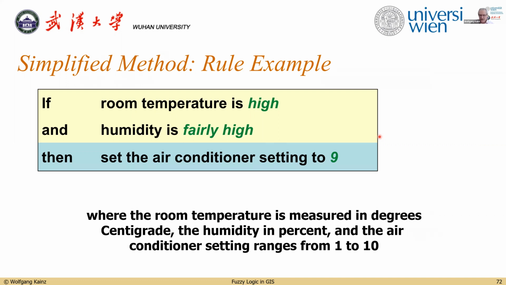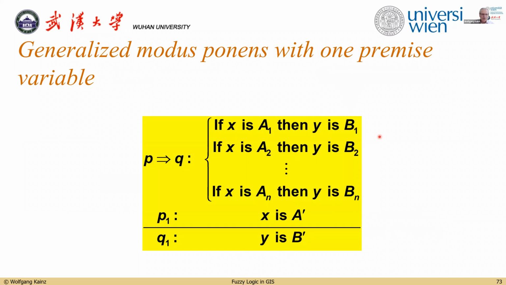On the next slides, I show you an example. This is an example with just one premise variable. So the general form looks like: if x is a1, then y is b1. If x is a2, then y is b2, and so on. There can be a lot of rules.